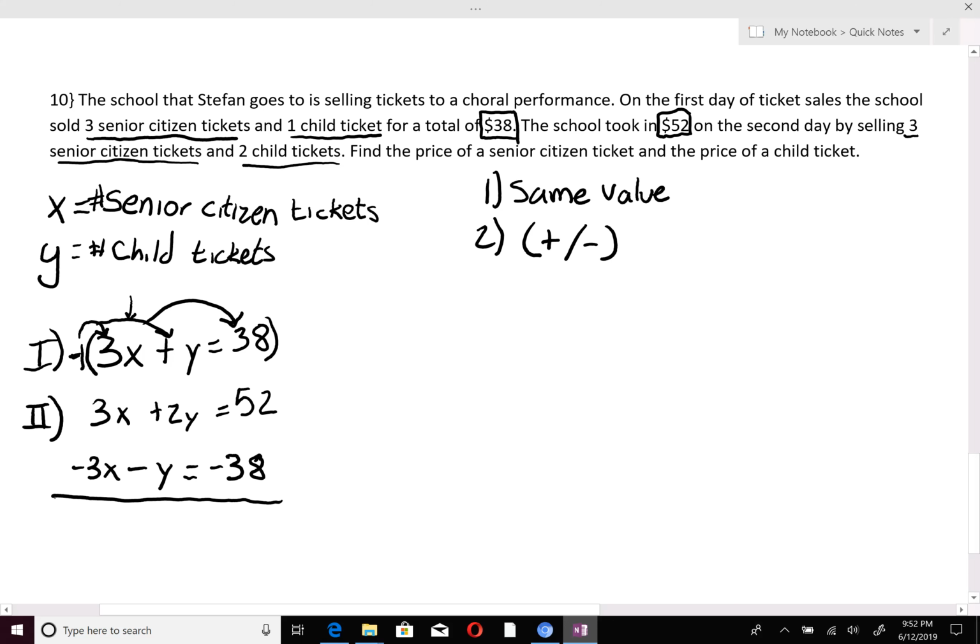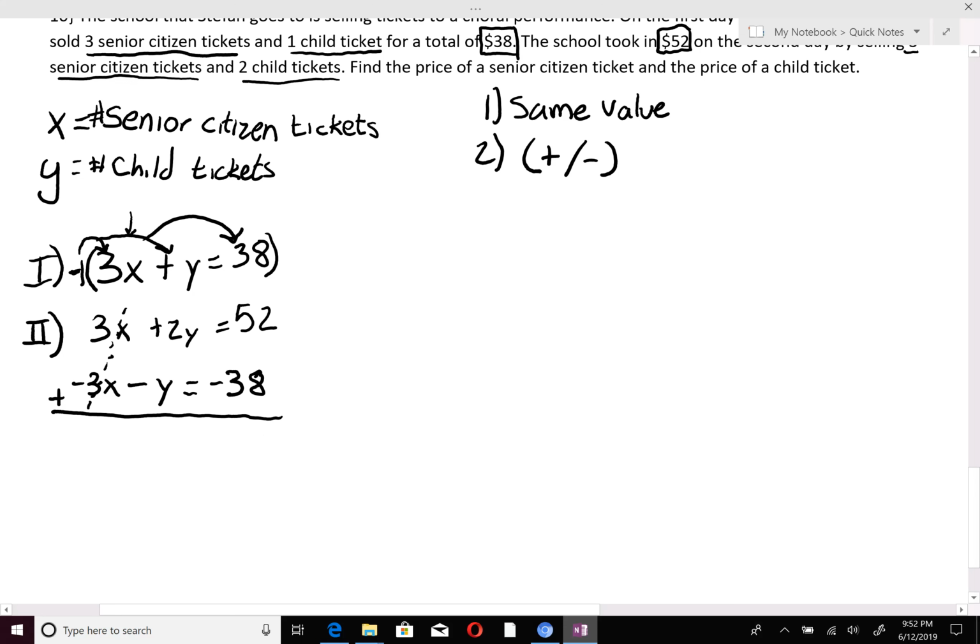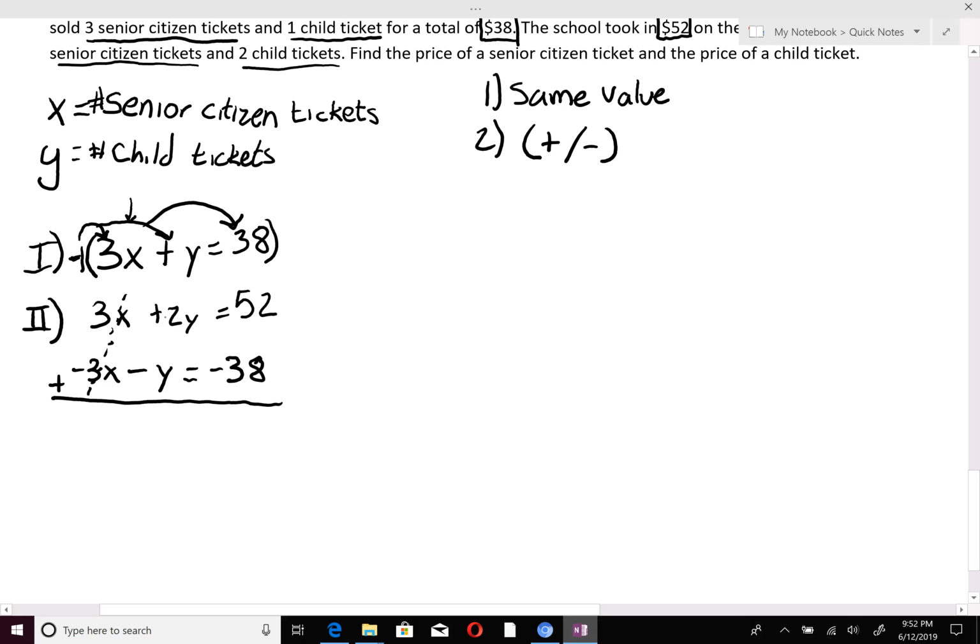And then we're going to treat it like addition. So I'll add this. Our x's will cancel as intended. And then we just add 2, and basically 2 minus 1, which will give us a positive 1y. And then 52 minus 38 to give us 14.